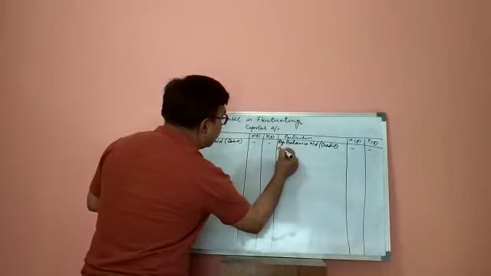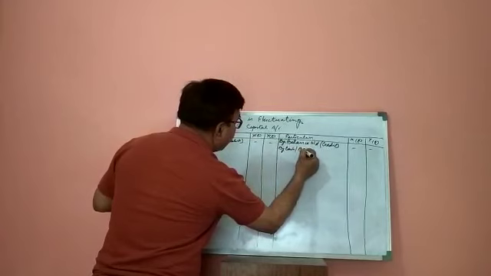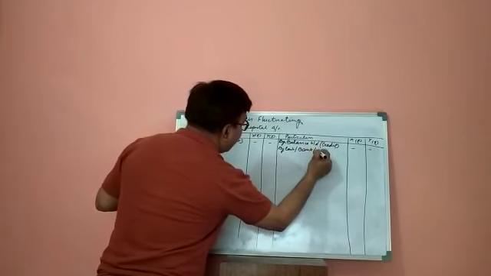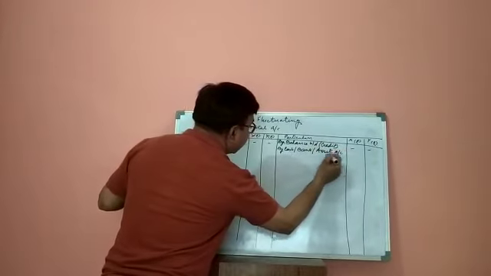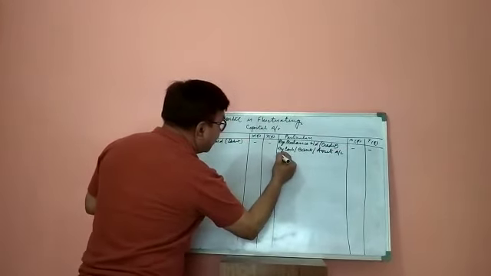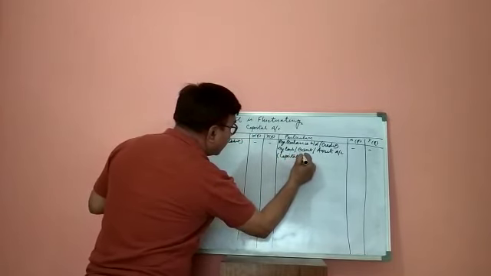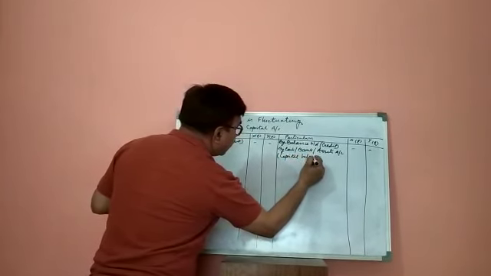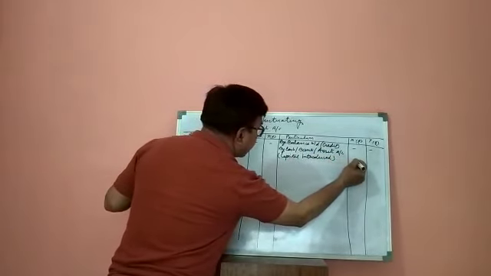By cash, bank or assets account. It is for what? Capital introduced. Right?